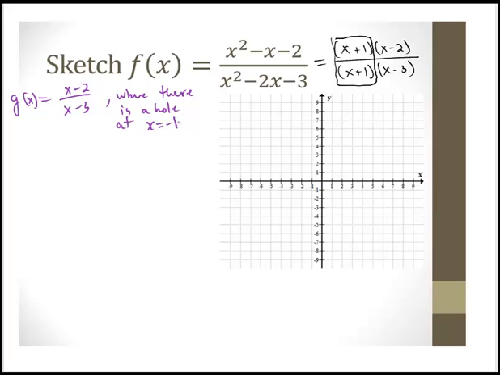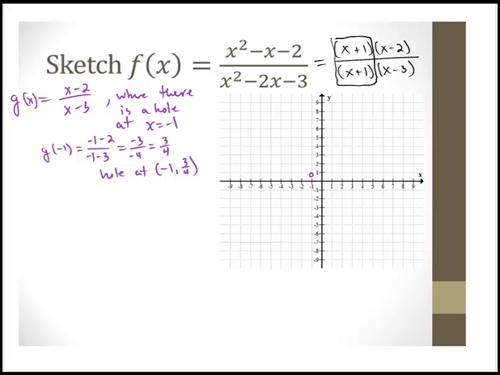Going further, g of negative 1 would be negative 1 minus 2 over negative 1 minus 3. That would be negative 3 over negative 4, 3/4. So there is a hole at negative 1, 3/4. Alright, so I'm going to draw that hole in right away. There's that hole at negative 1, 3/4.